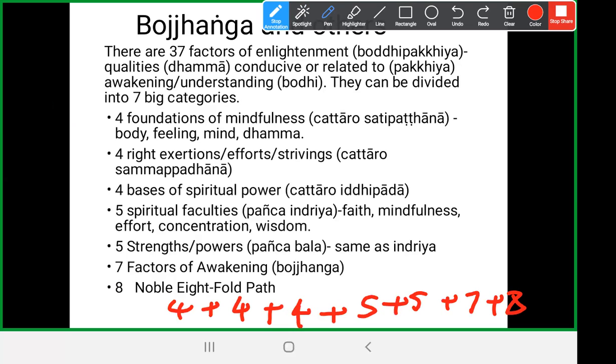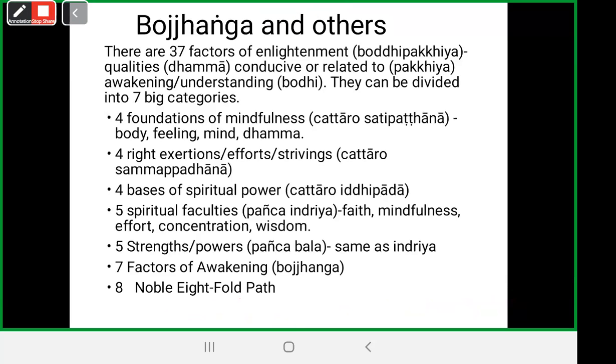You calculate yourself. 4 plus 4 plus 4 is 12. 12 plus 5 is 17, plus 5 is 22, plus 7 is 29, then 8 is 37. Is it correct? Yeah, working in a bank, right? Correct. You got 37. Simple method, simple mathematics.